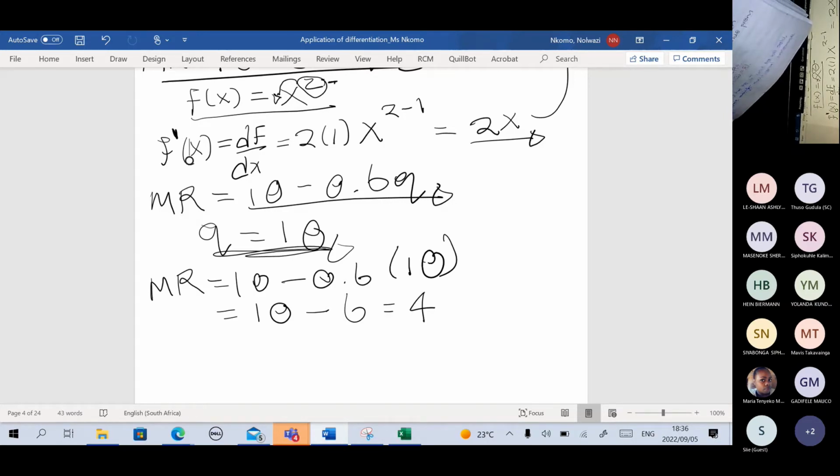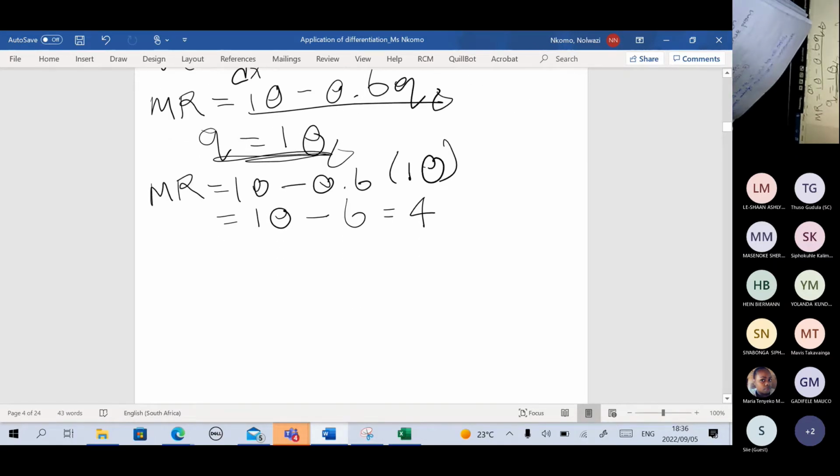So this means the 11th unit will add an additional income of 4 rand, right?